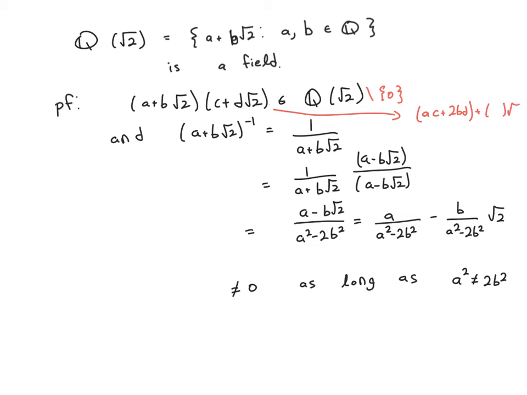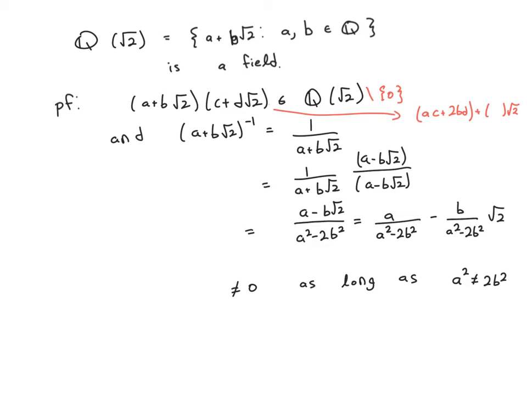Plus stuff times the square root of 2. And we notice that there's no subtraction going on here. And so as long as one term in each factor is non-zero, then you're guaranteed that one term in this product is non-zero. So yes, this is closed under multiplication.